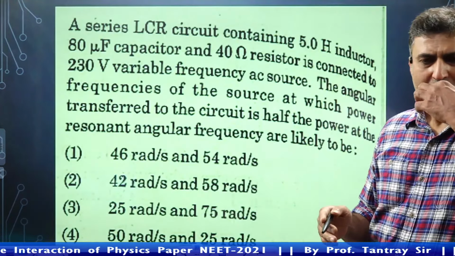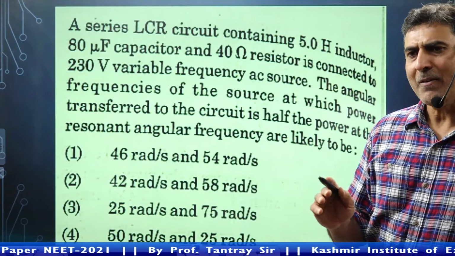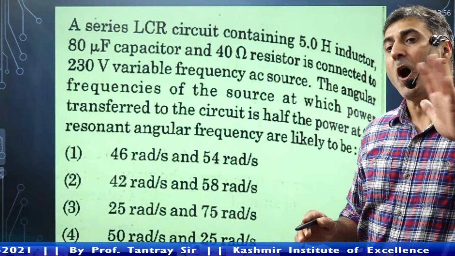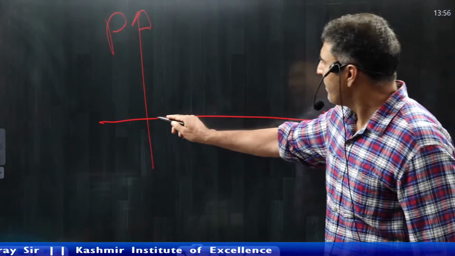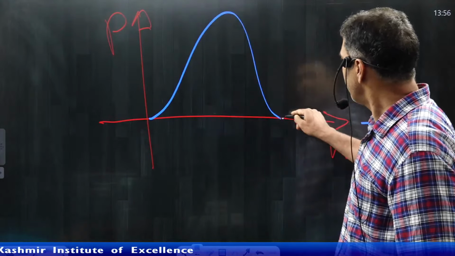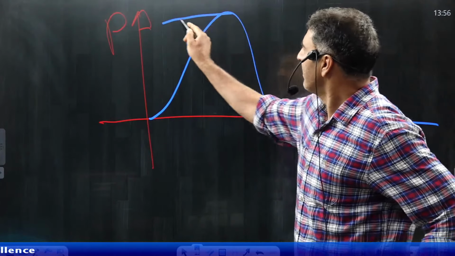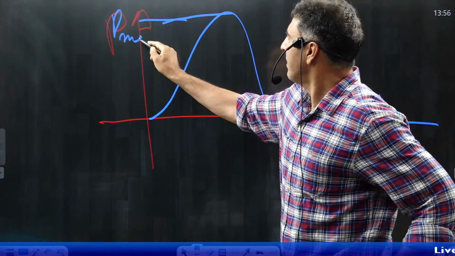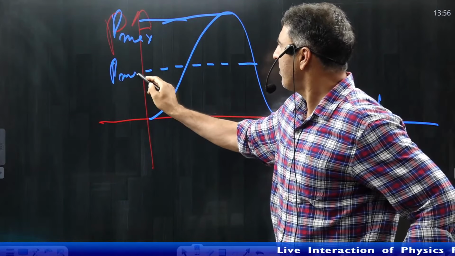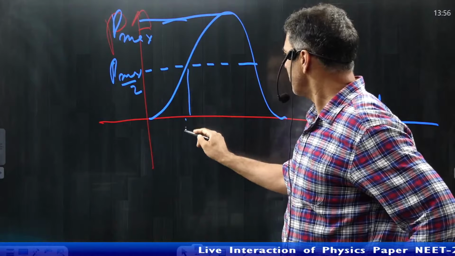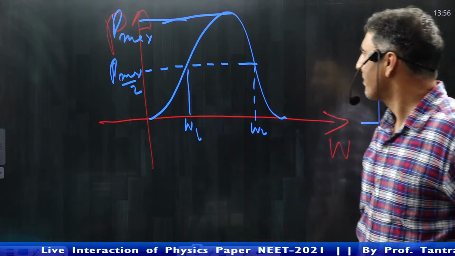He asks, what are those 2 frequencies at which power delivered to the circuit will be half the maximum? So the graph is like this. Here is the maximum power, P max, and half the maximum means this, P max by 2. We have to find these 2 frequencies, omega 1 and omega 2.